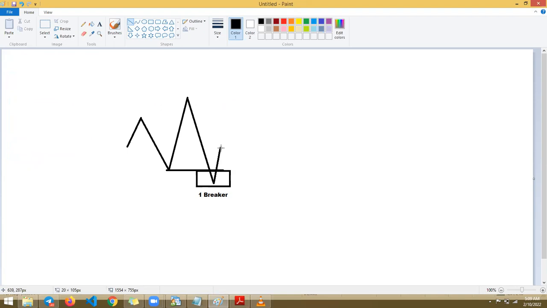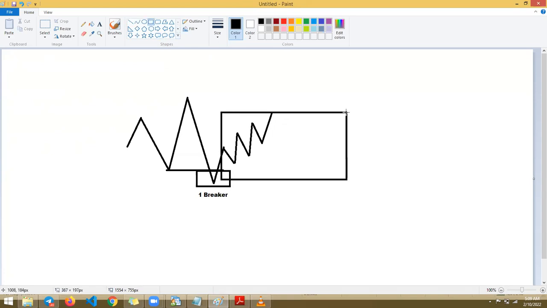Now here we shall have something like this. Let me just put something like a compression here. This is what we call approach of price. It could be a compression, it could be a 3 drive, or you could notice liquidity areas. All that is under approach of price.